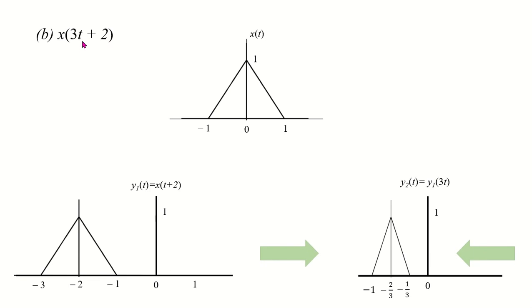If you substitute t as -1 upon 3, you get 1 inside the brackets, and x(1) is 0. This can be confirmed here: at -1 by 3, x(3t + 2) takes the value 0. Likewise, -1 is the place where x(3t + 2) will be taking the value 0. So this is a manner where you don't need to remember the precedence rule, and if you somehow forget it, you can plot the waveform by this method.